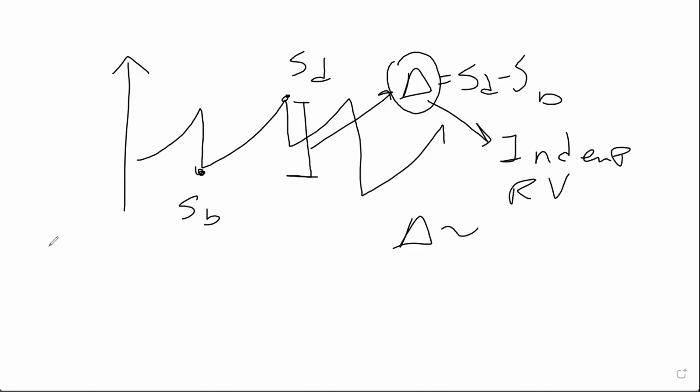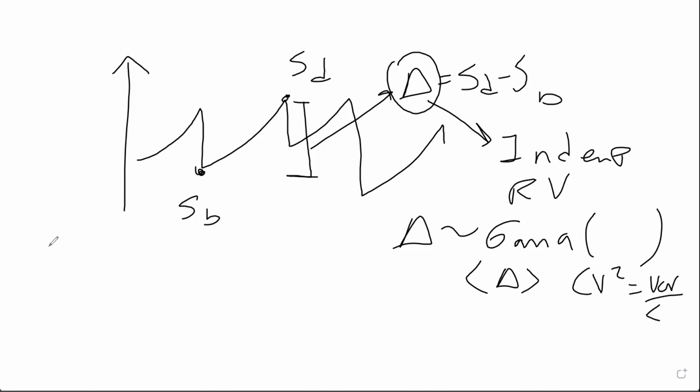So delta can have a given distribution. I usually use gamma. Gamma distribution with a given mean and a given CV. CV, remember, is variance over the mean. Okay, sorry, it's variance over the mean square.